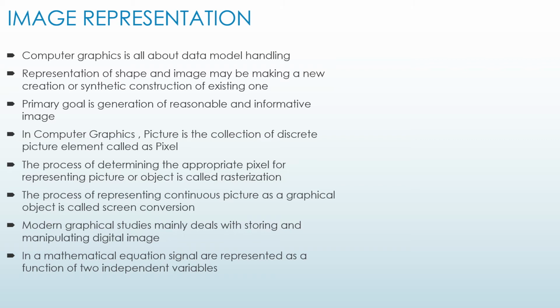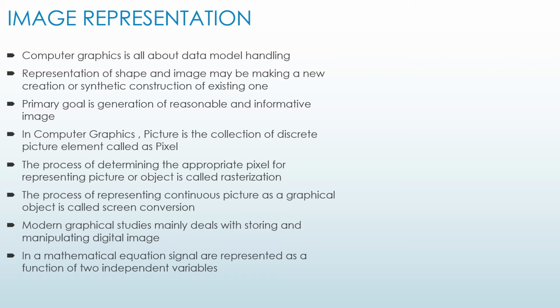Graphics runs with the help of mathematical equations. Why is a mathematical equation required? Why can't we do things directly? When we speak of a pixel or a picture, we can't directly use them in a proper manner.